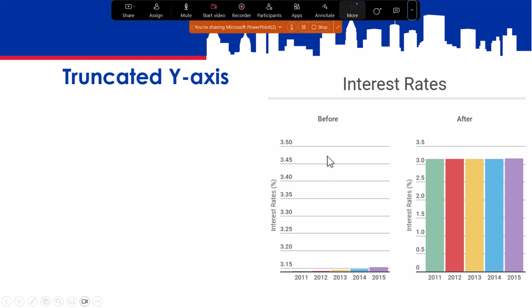This one is incorrect, but if you were using it, notice how the difference between 2014 here and 2015 seems more significant than over here. Can you see what happened with the y-axis?